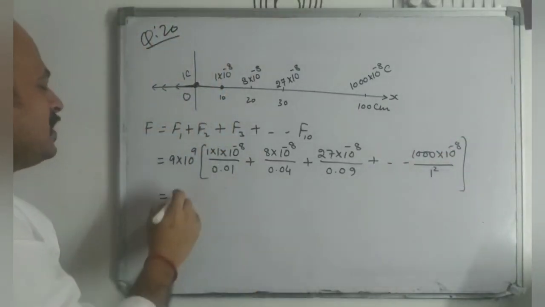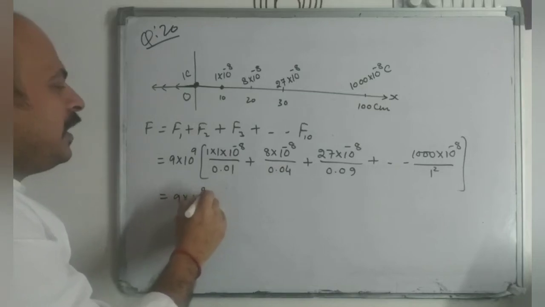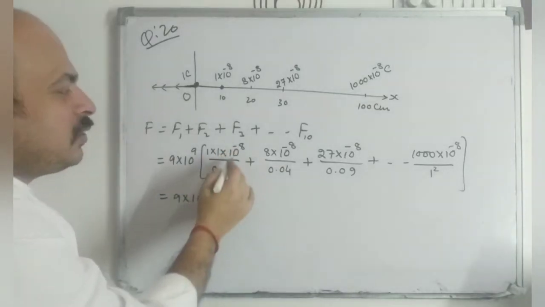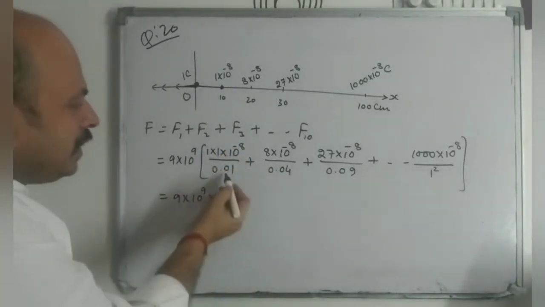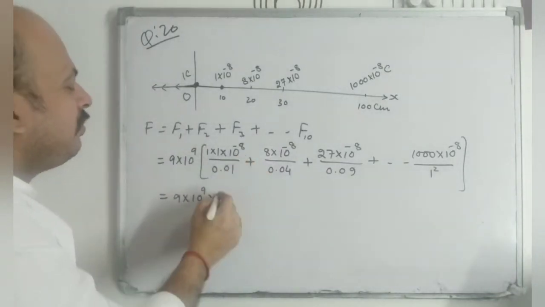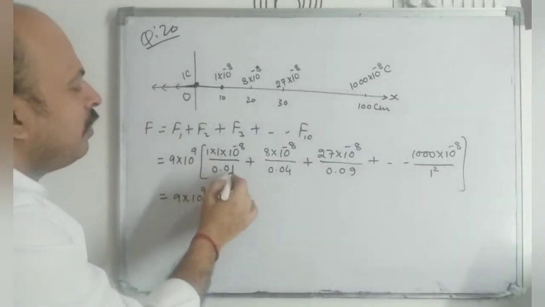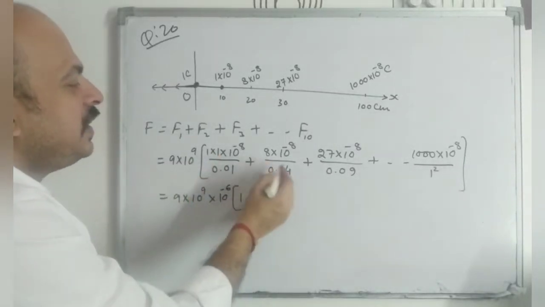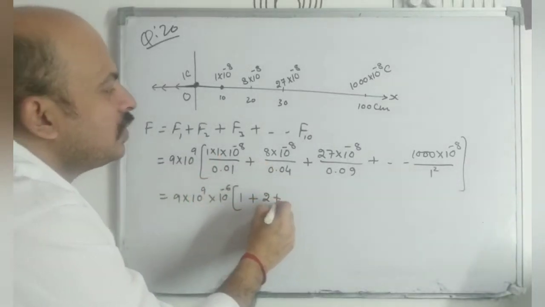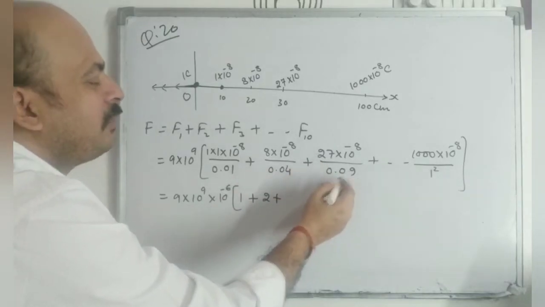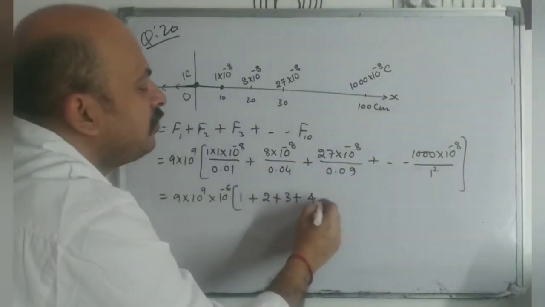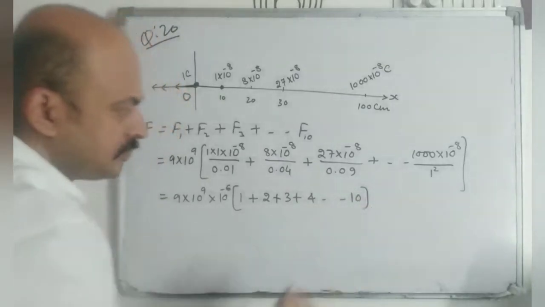After solving this, 9 into 10 to the power 9, you can take common 10 to the power minus 8, and here 10 to the power minus 2, so that becomes 10 to the power minus 6 common. So 1 upon 1 is 1, plus 8 upon 4 is 2, plus 27 upon 9 is 3, and 4 up to 10.